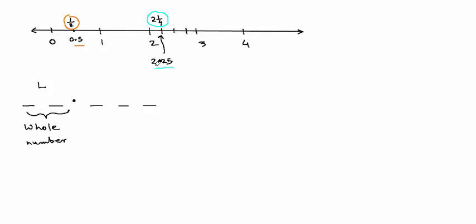For example, in this number 2.25, the number has two wholes. In other words, this decimal number is always between this whole number and the next higher whole number, in this case 3. So you know for sure that 2.25 is a number between 2 and 3 on the number line.